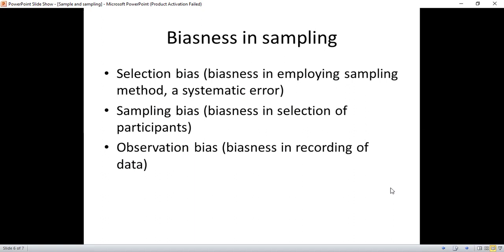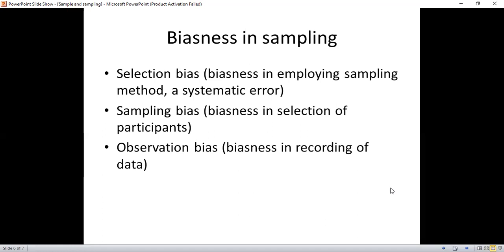So let's see what kind of biasness in sampling we may reach. There are three mentioned here: selection bias, sampling bias, and observation bias. Selection bias is a systematic error. It is an error in choosing the appropriate sampling technique, probably an error made in the methodology or an error made in the estimation of population proportion, like what proportion of the population share certain characteristics, or basically it's more about, we do not have much idea about that population and how to select them.